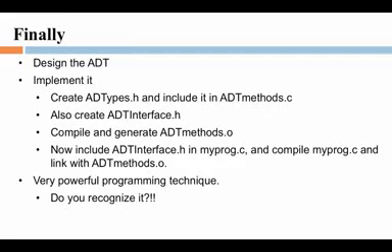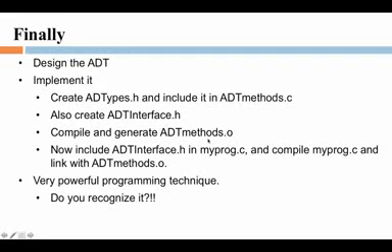Okay, so let us just summarize what we have done. You design the abstract data type. That is what we did in the first part of today's lecture. Then we went ahead and implemented this. How did we implement it? We created the adt_types.h and included it in adt_methods.c. We also created an adt_interface.h.